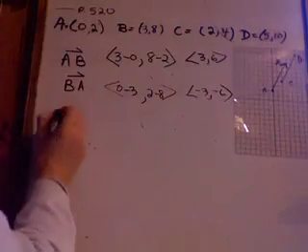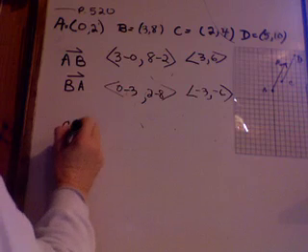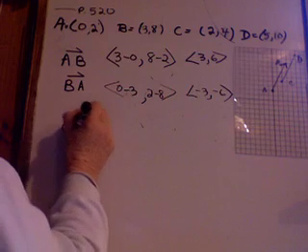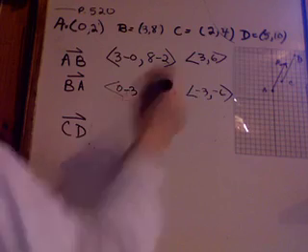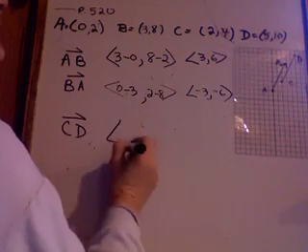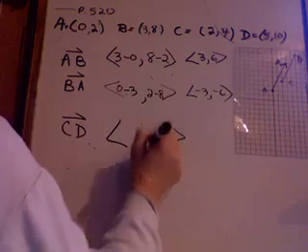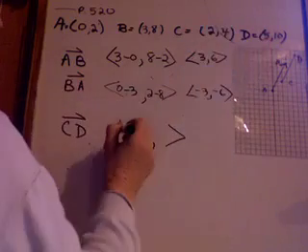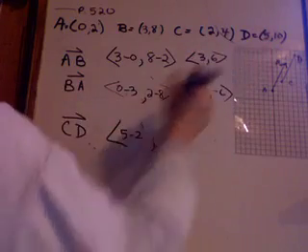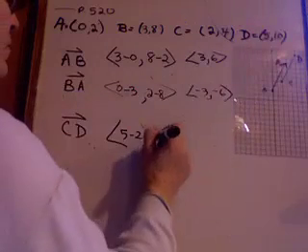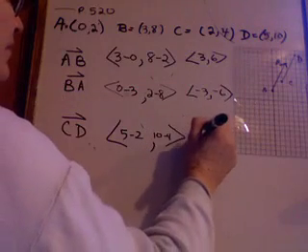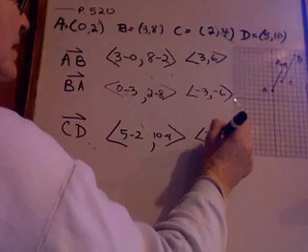All right, so let's name the vector CD. CD, how do I name that? All right, I start with D, and then I go 5 minus 2, and then I go 10 minus 4. So the vector name for that is 3, 6.